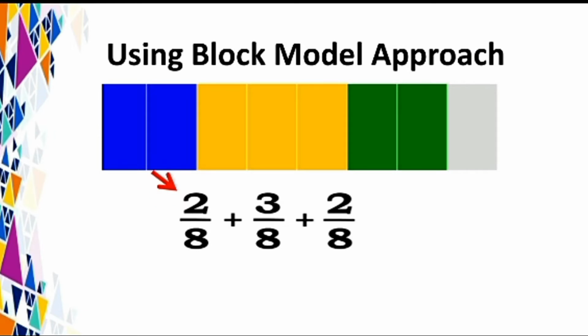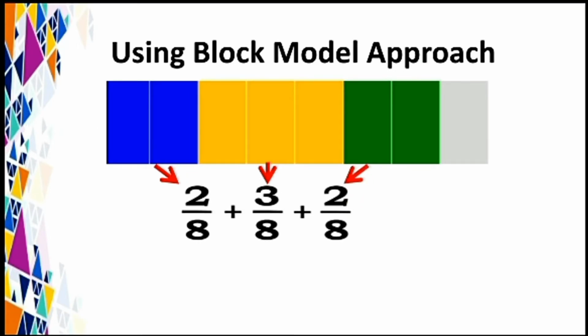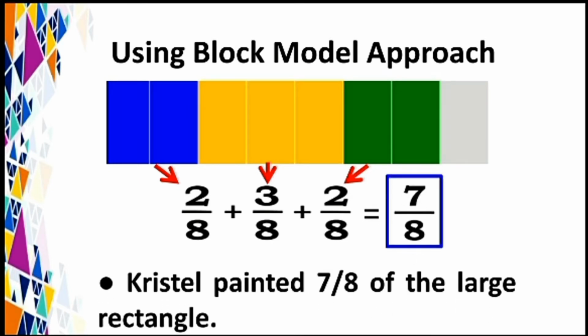Yung 3 parts naman na kinulayan ng yellow ay katumbas ng 3/8. At yung 2 parts na kinulayan ng green ay katumbas naman ng 2/8. Kung bibilangin natin yung shaded parts, ito ay katumbas ng 7/8. Therefore, Christelle painted 7/8 of the large rectangle.